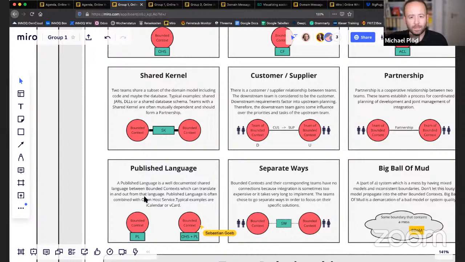Especially if you look into, for instance, Vaughn Vernon's literature, Vaughn only has examples where he combines open host service with published language. I think you can have open host services without a published language.